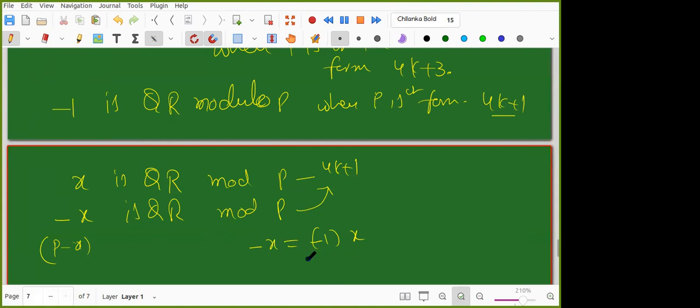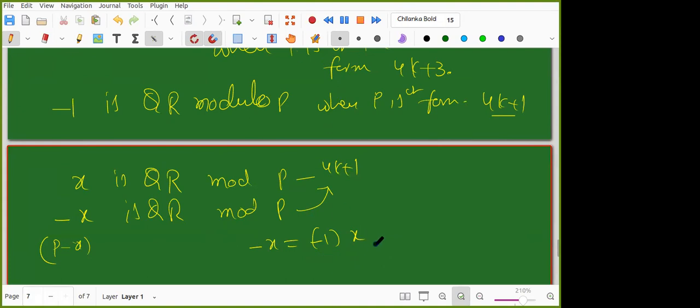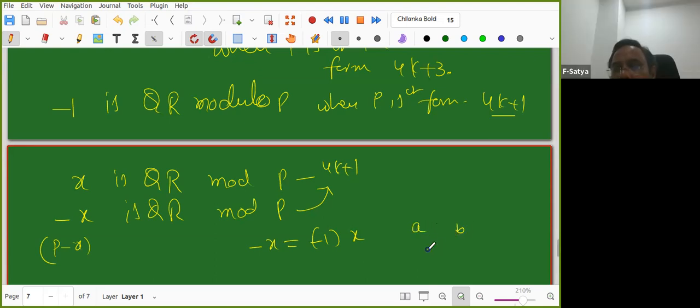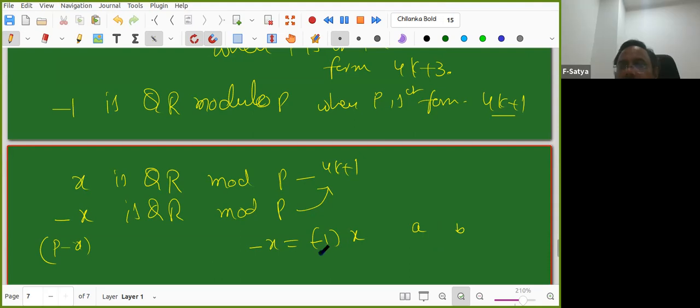See, have we done that? A is a quadratic residue, B is a quadratic residue, then AB is also a quadratic residue. That we proved today, right? That's exactly what I wrote here. Minus 1 is a quadratic residue. X is a quadratic residue, given.